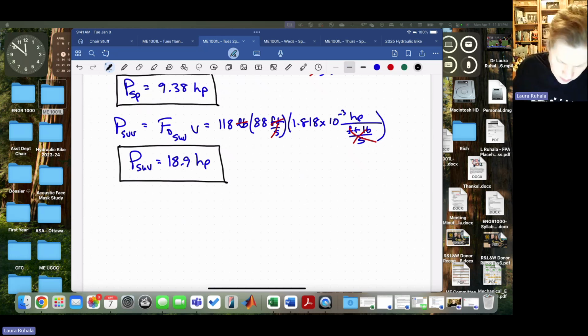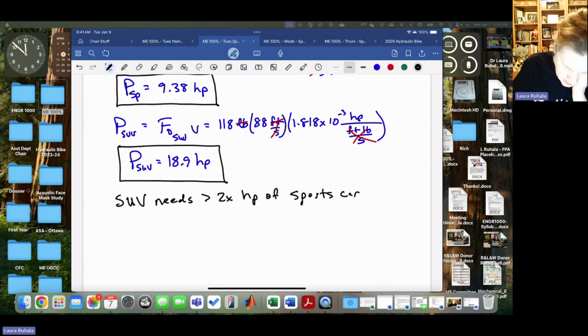So it's a little bit more than that. So the SUV, let's think about what we've got here. The SUV needs greater than 2 times the horsepower of the luxury sports car.